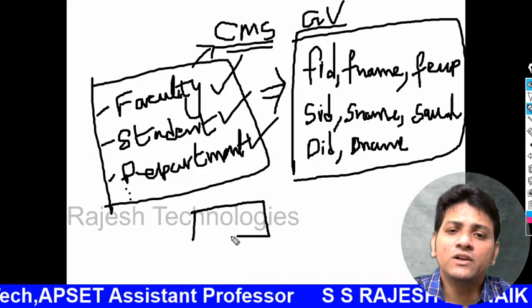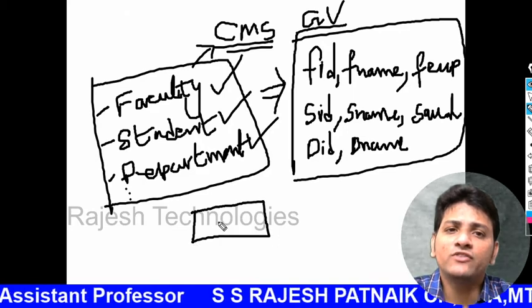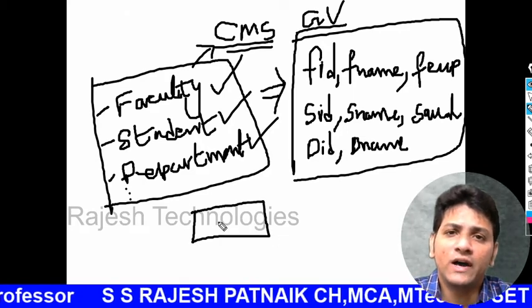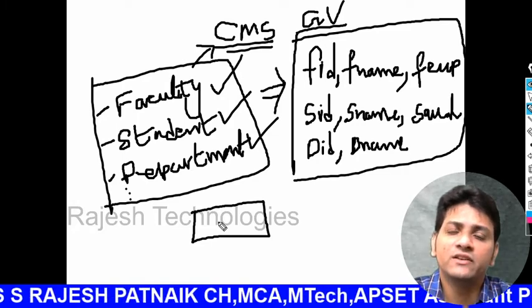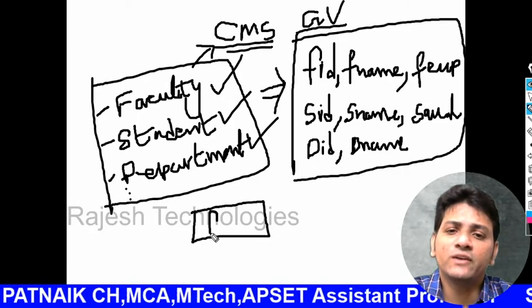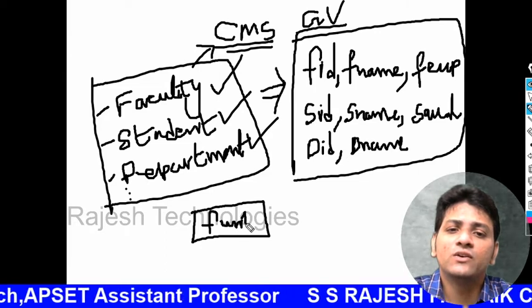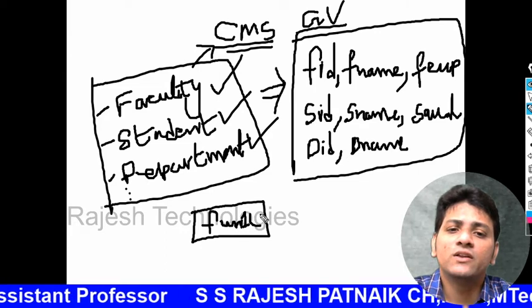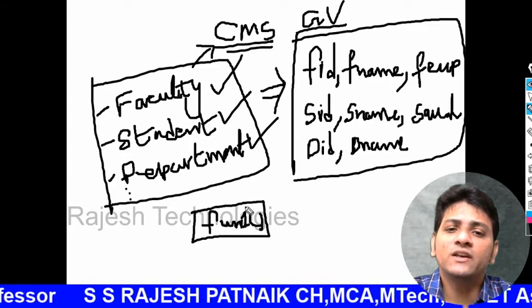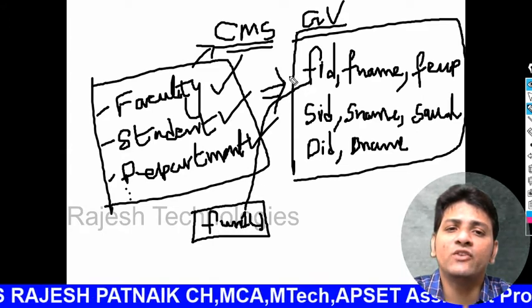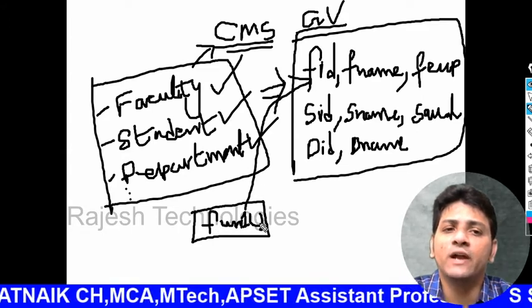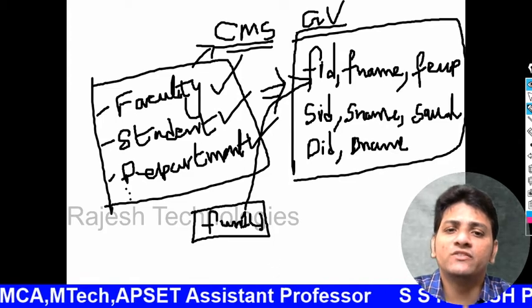For example, I want to develop a function to accept the faculty details. Say function 1. Function 1 is used to accept the details of faculty ID, faculty name and faculty experience.